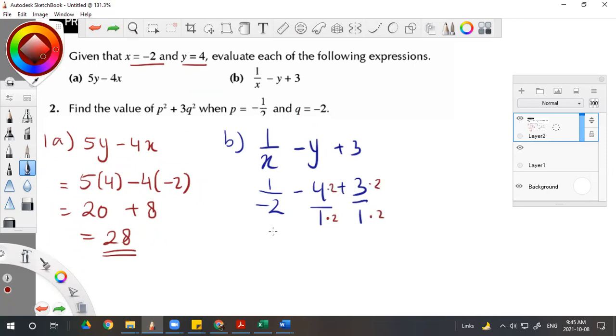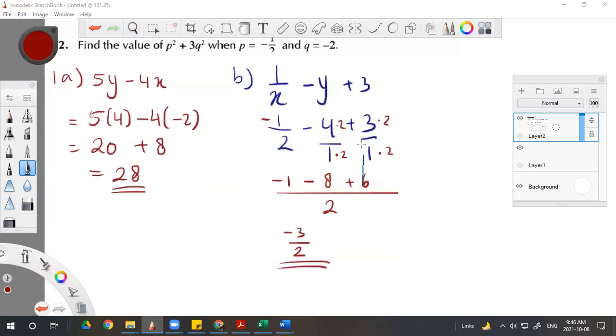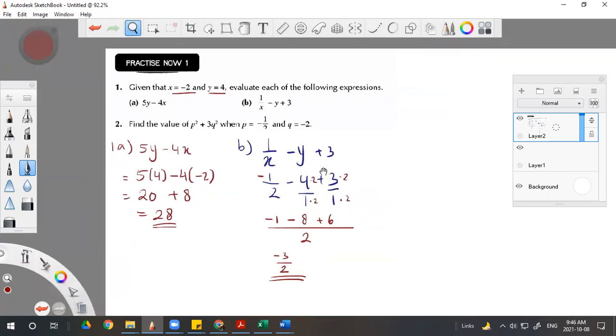So everything is over 2. Negative 1 minus 8 plus 6, right? So you get the answer easy. Negative 9 plus 6, so negative 3 over 2. Let it be. Okay? Gampang ya?